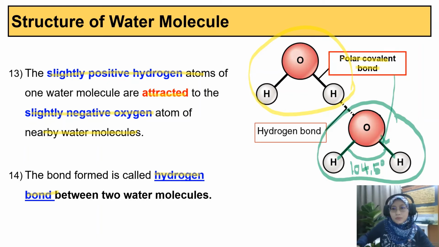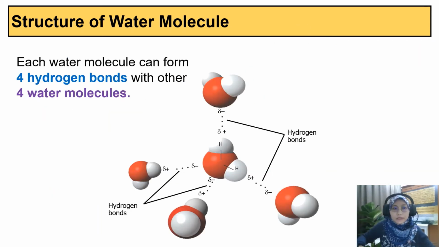But these two water molecules can link together by hydrogen bonds between the opposite charges of the slightly positive hydrogen atom and the slightly negative oxygen atom from the neighboring water molecule. Each water molecule can form 4 hydrogen bonds with 4 other water molecules.